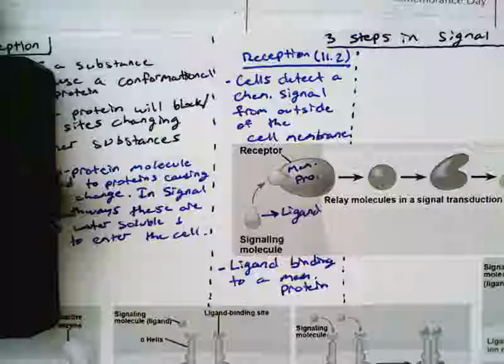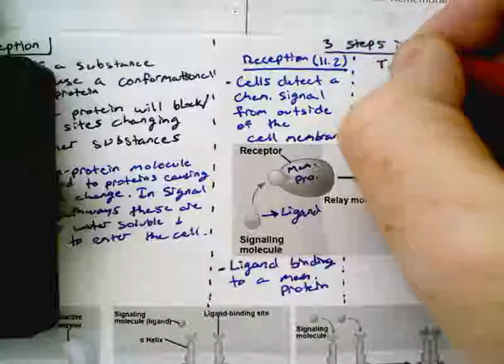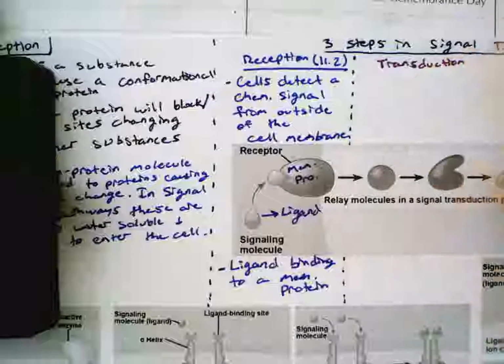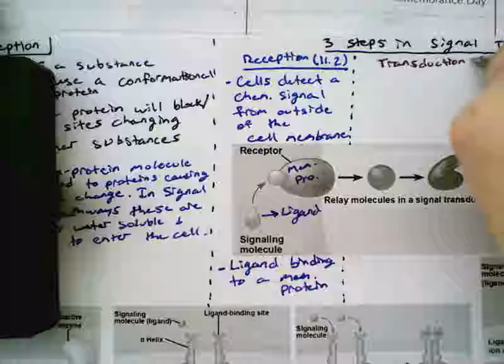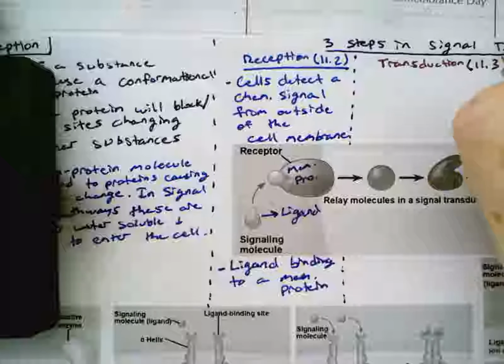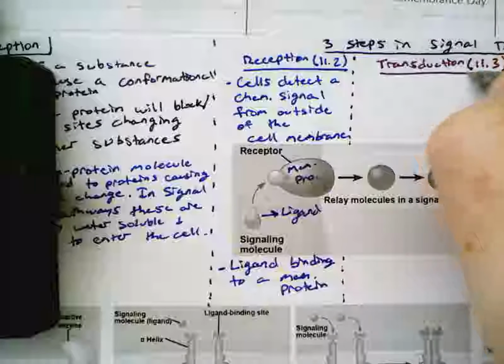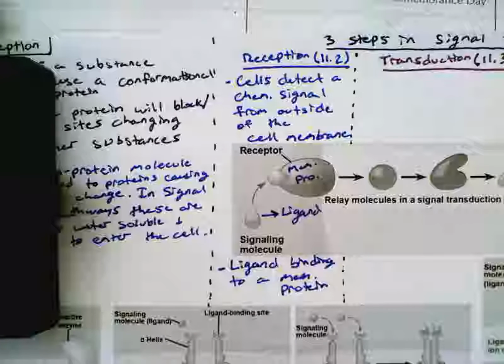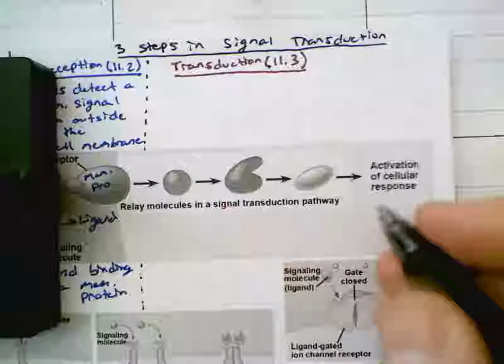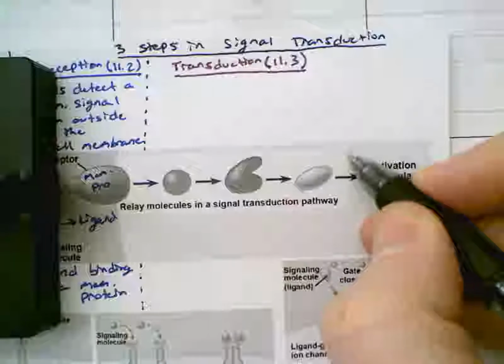All right. Next, we would have the transduction stage. This is covered in 11.3. Is everyone good on reception? Okay. I'll leave yourself a little bit more room for this, so see where it kind of goes from light to dark right here?